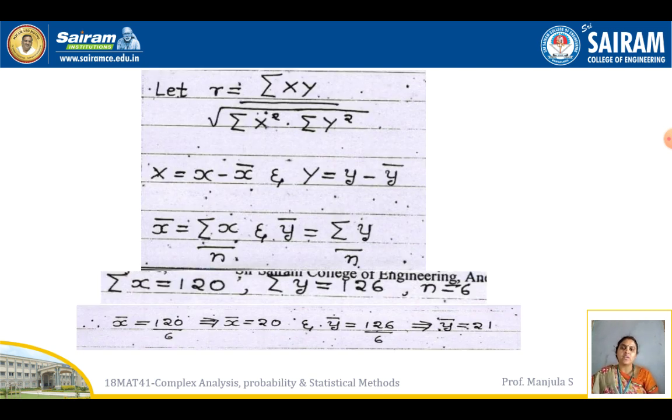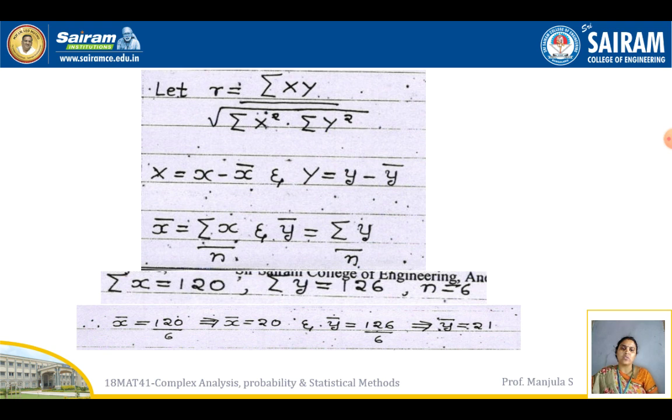First we should write the formula for R. R is nothing but summation of xy divided by square root of summation of x square into summation of y square. Capital X stands for x minus x bar and capital Y stands for y minus y bar. X bar is summation of x by n and y bar is summation of y divided by n.